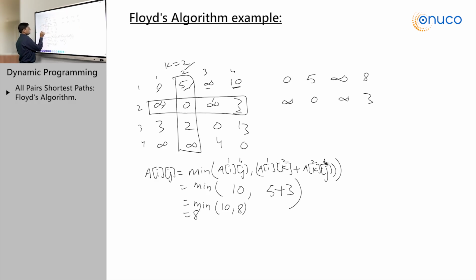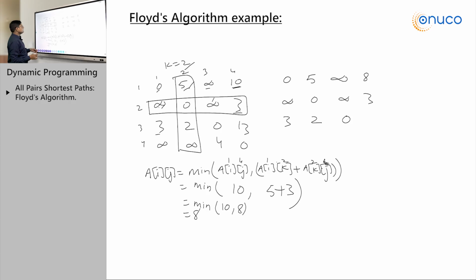But you can check here 3, this 3 is related to this and this. Infinity plus 2 remains infinity, so no change. 2, no change, it is on the same shaded area. 0 is minimum. 13, all of you please see that this 13 is again related to this and this, 3 and 2. So actually this 13 is going to be replaced by 5. Let us see that.